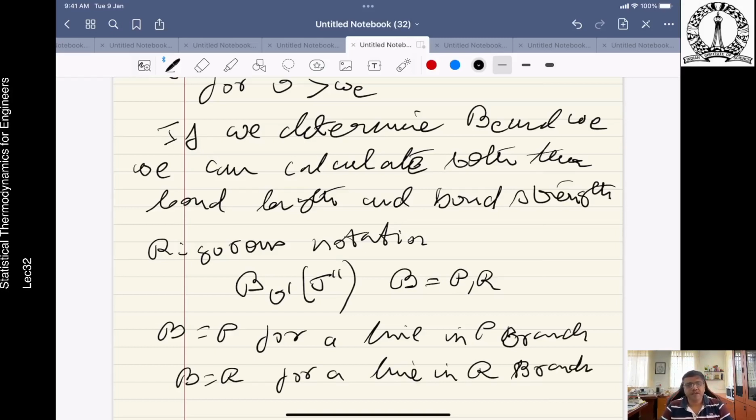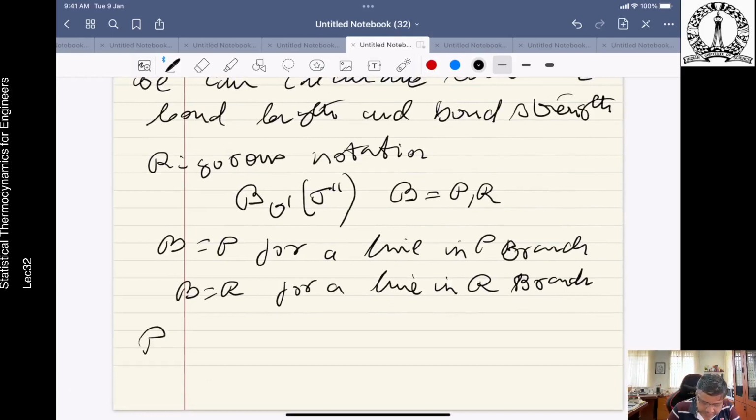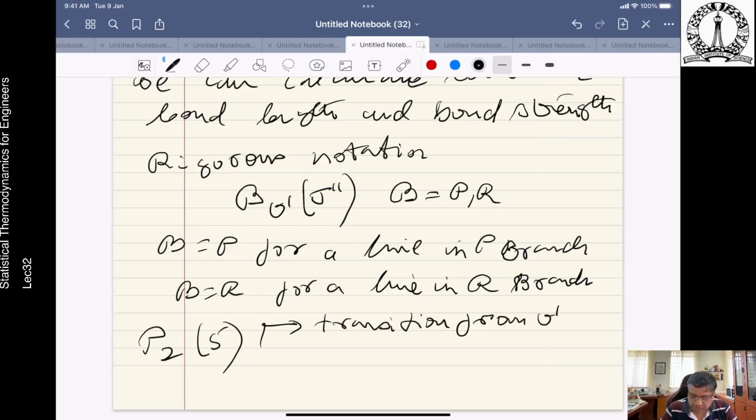If we say it is P25, for example, it designates a transition from V prime equal to 2, J prime equal to 4, to V double prime equal to 1, J double prime equal to 5, or vice versa.